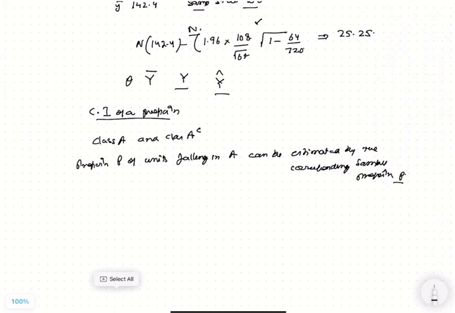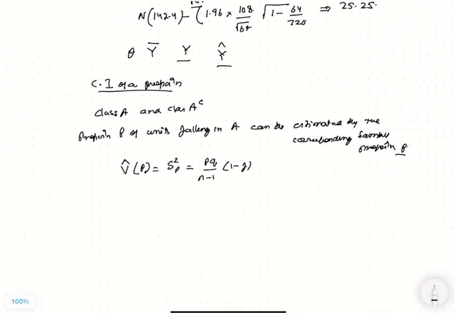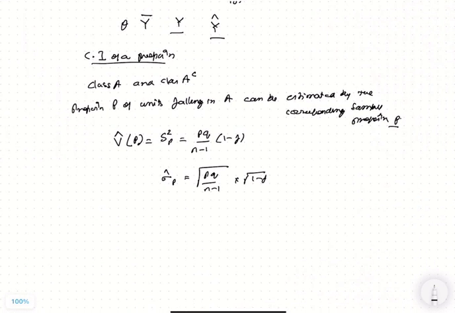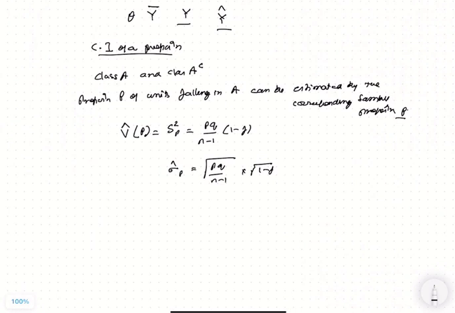So we know that the estimated variance of p is pq upon n minus 1 times 1 minus f, and sigma hat p is going to be under root pq upon n minus 1 times under root 1 minus f, and this is just the variance of a proportion that we are trying to calculate.